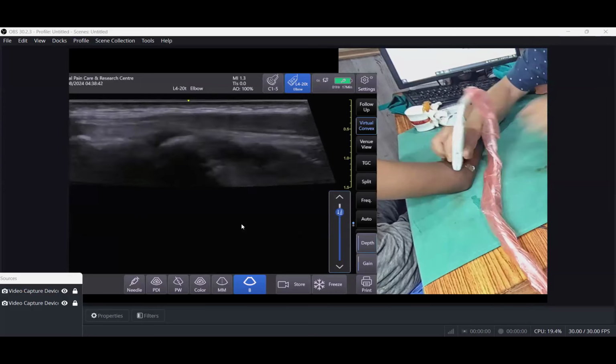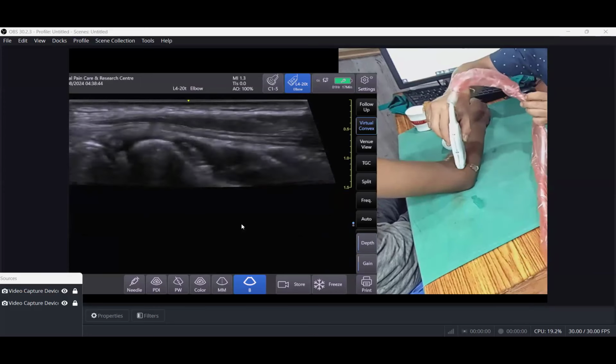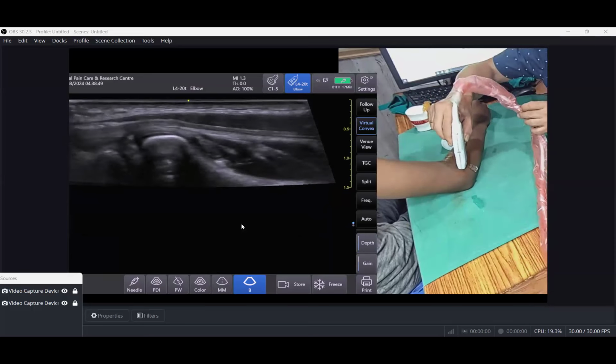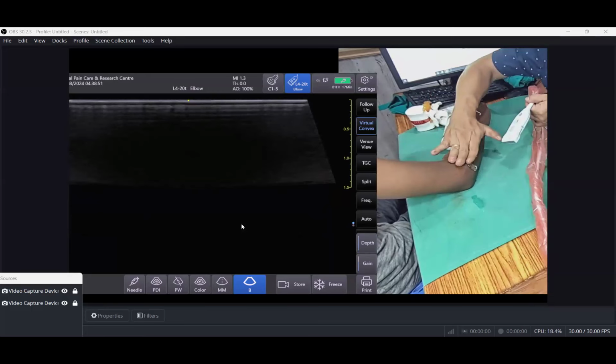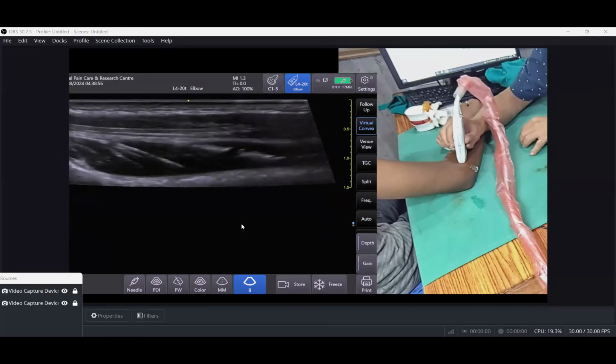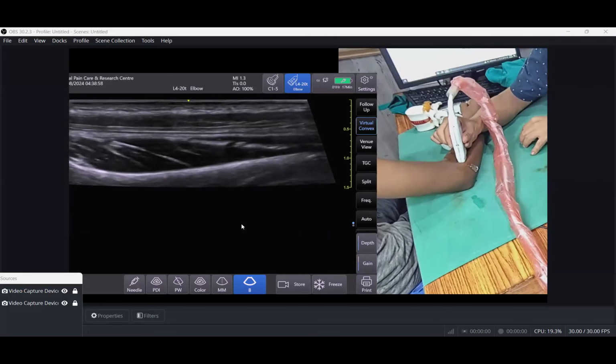Look at my position of the probe. My probe position is along the long axis of the extensor muscle. The extensor muscle will come like this and go to the hand. So my probe positioning is along the long axis of the extensor muscle.